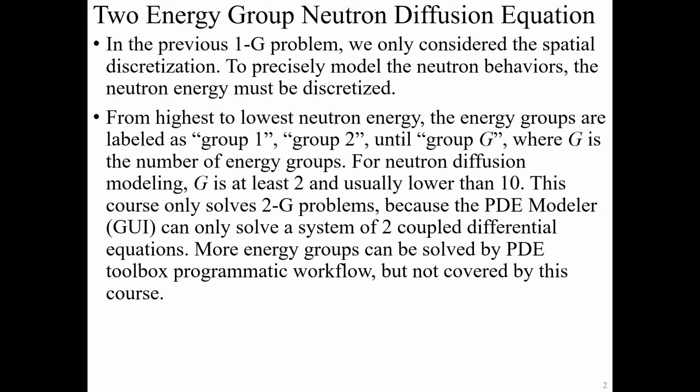For two energy groups, sometimes it will be enough. For example, for modeling the light water reactor, two energy groups will give you an acceptable result. If you want a more accurate result, you can increase the number of energy groups, but it's usually lower than 10. So the number of energy groups is not a very big number like the meshes.